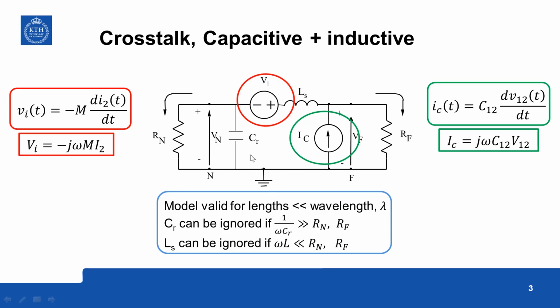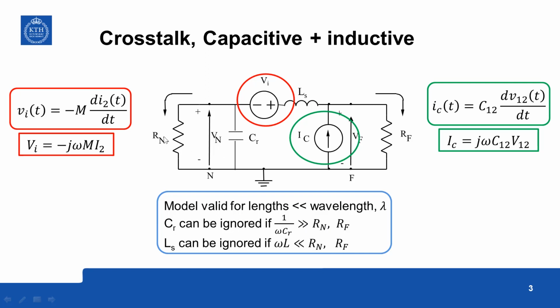Then check to see if one can conveniently neglect them or not. We can neglect CR if 1 by omega CR, that is, this capacitive impedance, is far greater than the impedance at the end. So this has to be checked always and made sure before neglecting it.